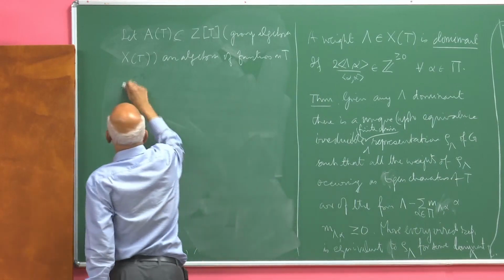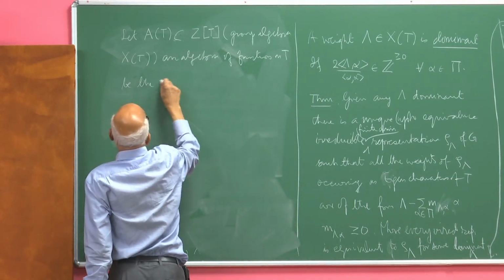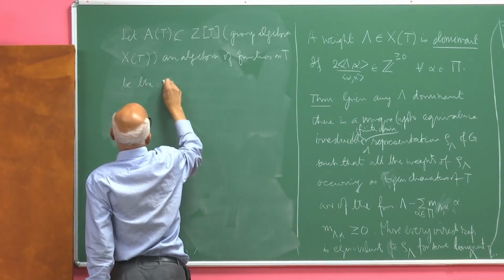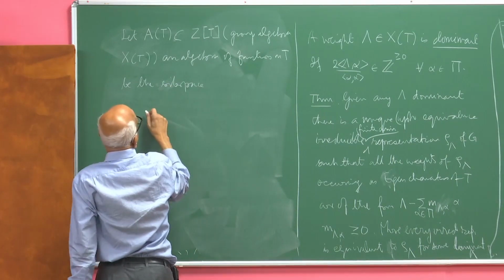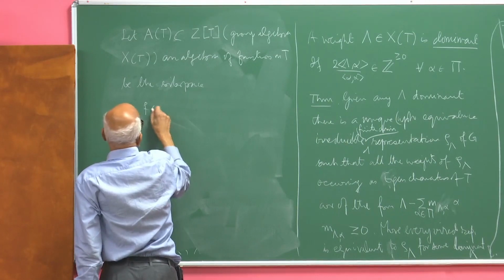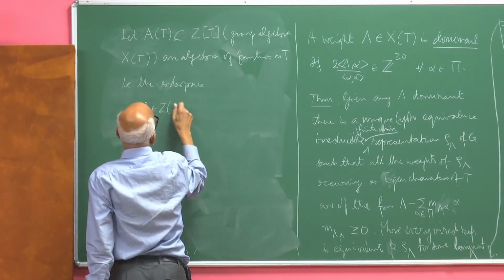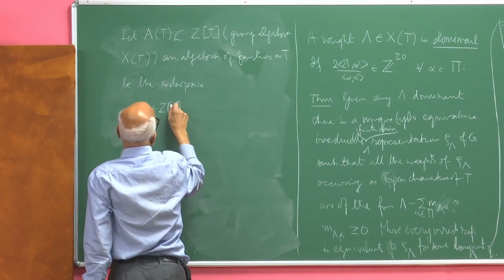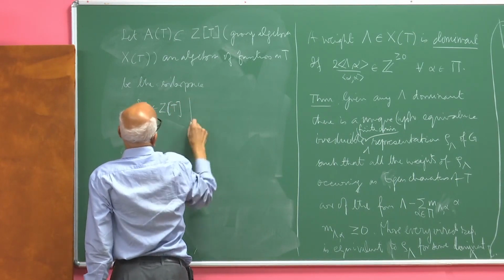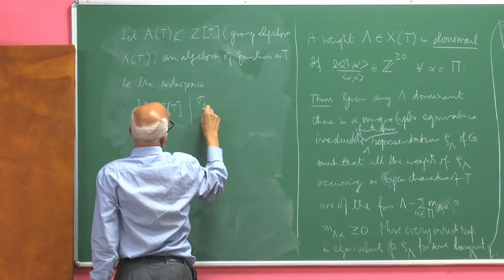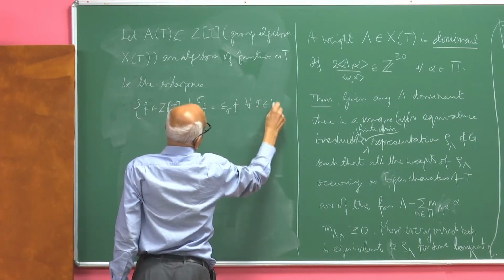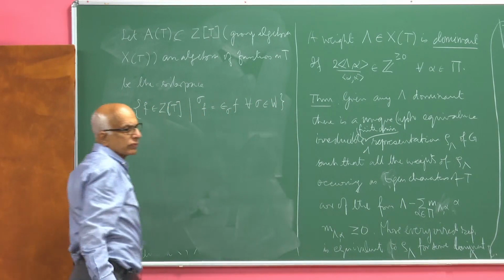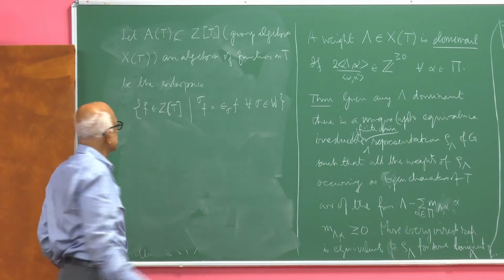Let AT be the subspace of F in ZT such that sigma F equals epsilon sigma F for every sigma in the Weyl group, where epsilon sigma is the signature of sigma.